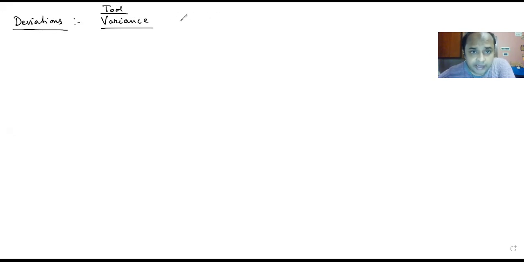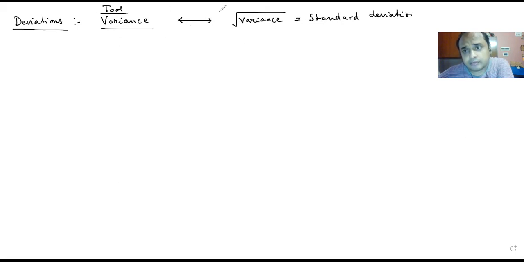And variance has another form: if I take the positive square root of the variance, then we call it standard deviation. So these are all the measures of deviation. Other than this, various other deviation measurements are there.